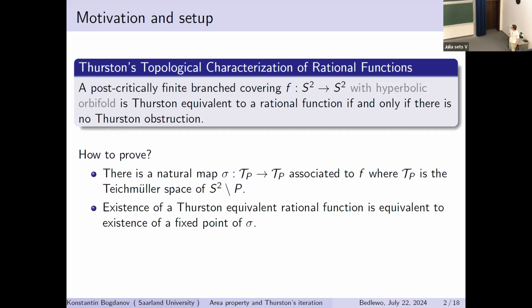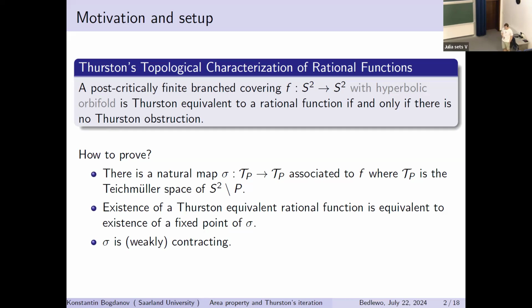It turns out that the existence of this equivalent, or combinatorially equivalent, or Thurston equivalent rational function is the same as the existence of a fixed point of this pullback map sigma. Next, what is easy to check is that sigma is weakly contracting. This means that it does not increase distances. So it's very natural to look for fixed points of sigma by considering iterations.